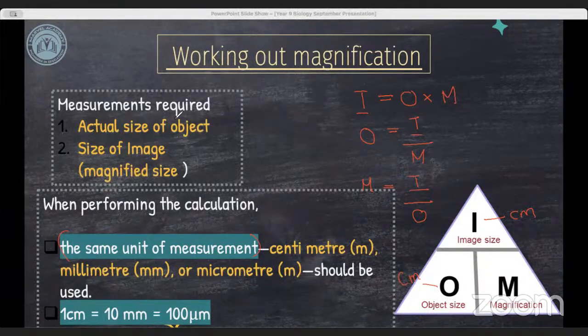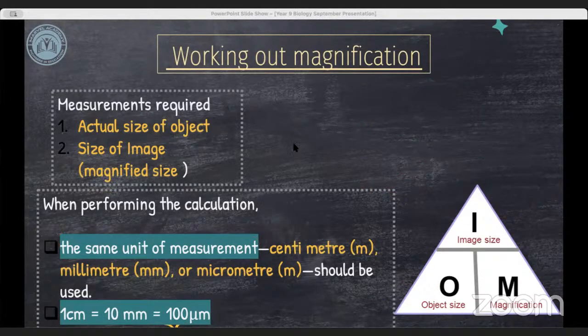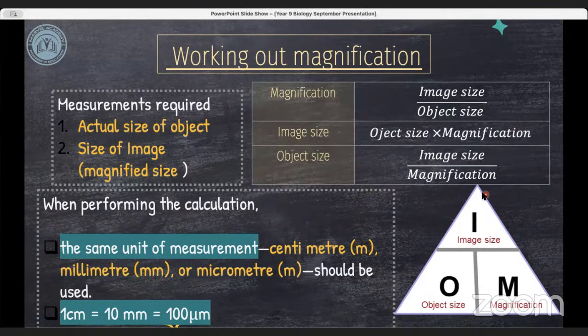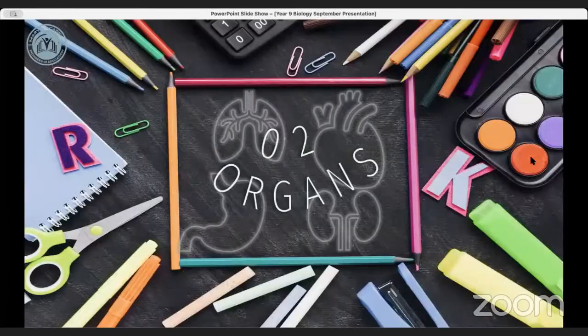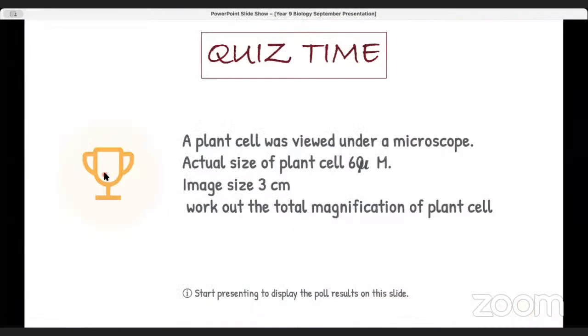Now let's go to the next part. Can we work out this question, all of you? A plant cell was viewed under a microscope and its actual size was 60 micrometers. The image size was 3.